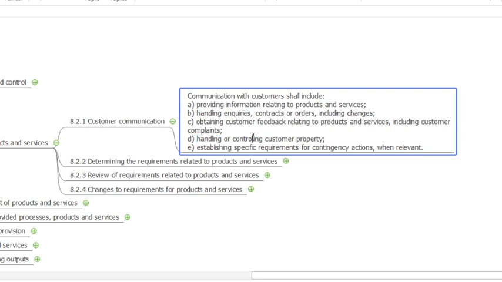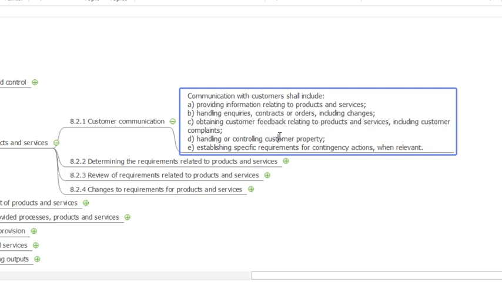Handling or controlling customer property. What customer property do we have? These are some basic requirements. Sometimes the customer gives us some tools, some testing equipment, some reference standards, some specifications, or some samples.